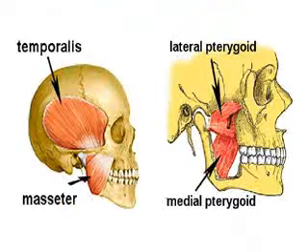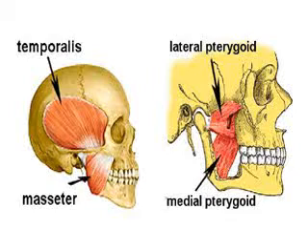Now we come to the muscles that control the mandibular movement, which are called the muscles of mastication. These are four muscles: temporalis, masseter, lateral pterygoid, and medial pterygoid. We can classify the muscles that control the mandibular movement into three groups: closing muscles, gliding group, and opening muscles.